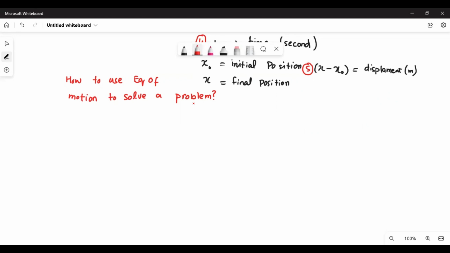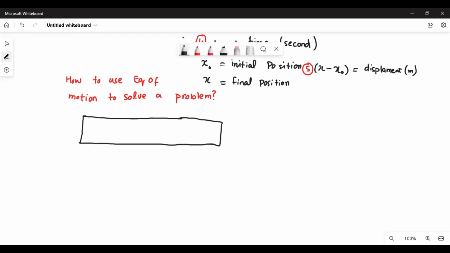How to use equations of motion to solve the problem? What we will do is make a box. Let me draw it here. These are all related to the motion. So the first step is you will make this box.